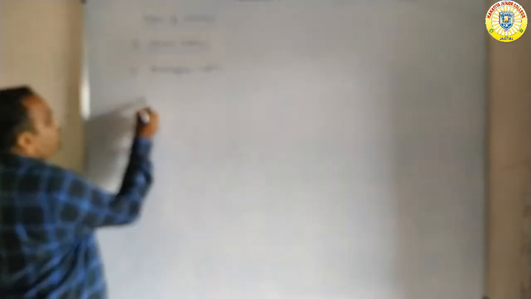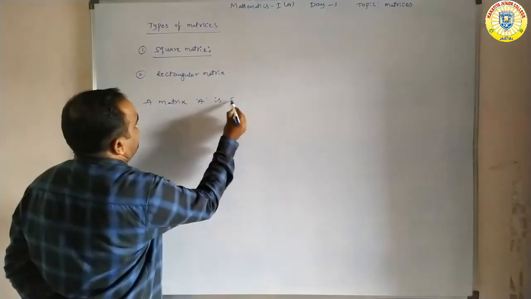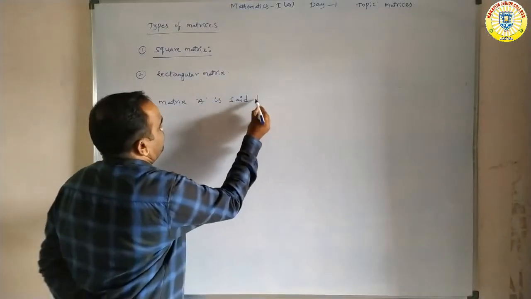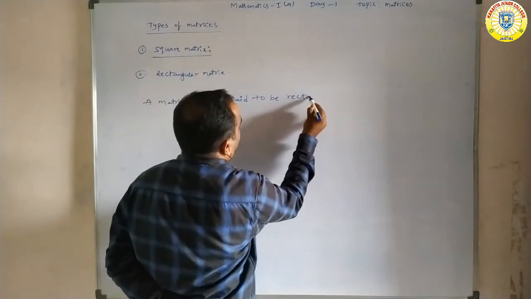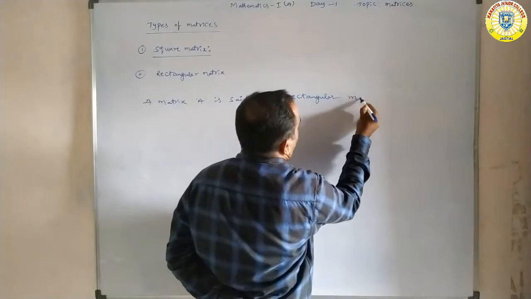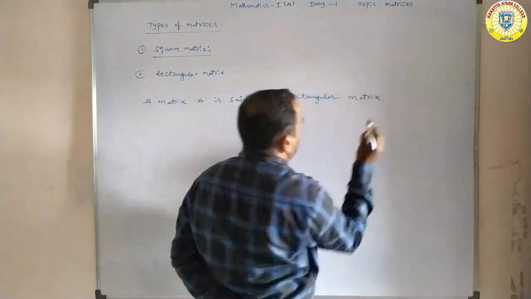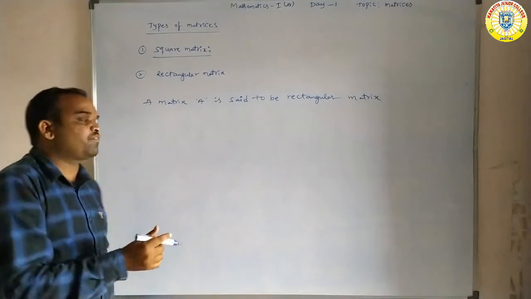A matrix capital A is said to be a rectangular matrix if the number of rows is not equal to the number of columns.